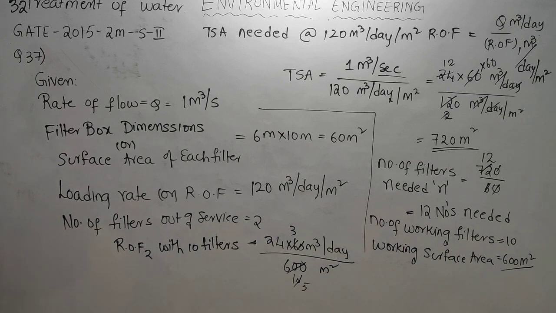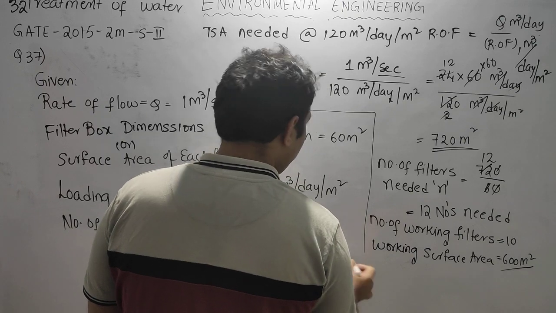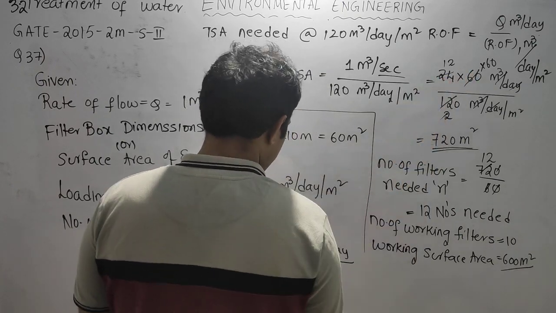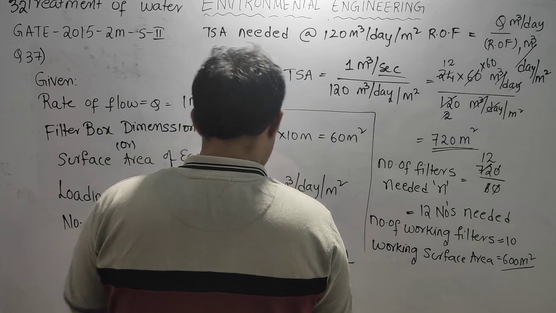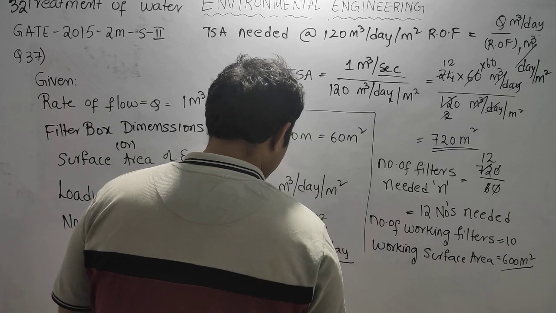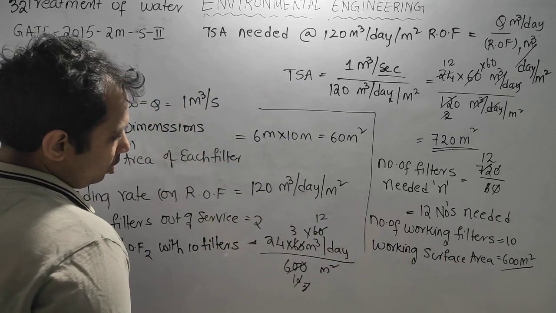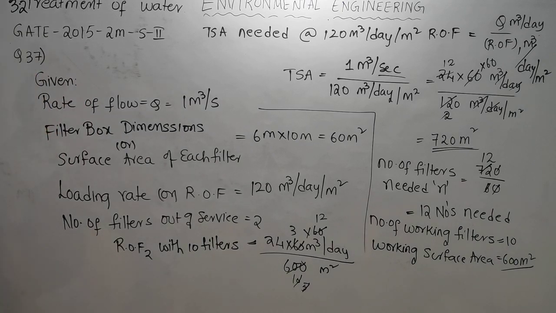Here it is 24 into 60 into 60 meter cube per day, divided by 60 into 10, that is 600.